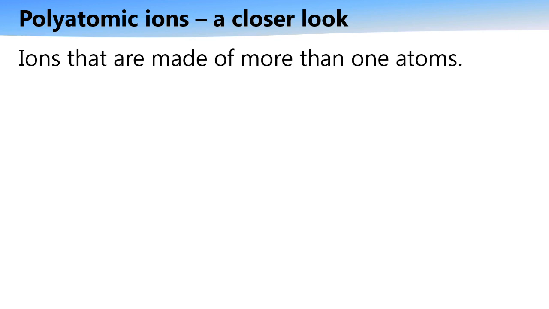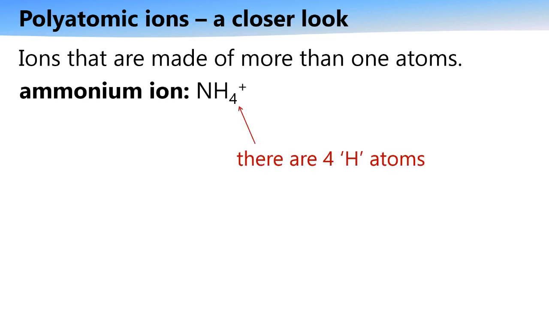Let's take a closer look at the polyatomic ions. As mentioned, these are ions that are made of more than one atom. Let's look at the ammonium ion, NH4+. Many times students are confused about the charge for polyatomic ions. For the ammonium ion, is the charge 4+ or just +1? You need to remember that the 4 belongs to the hydrogen.